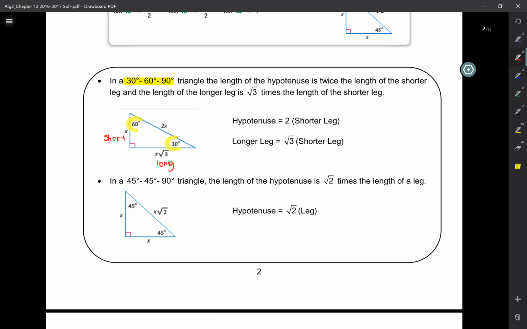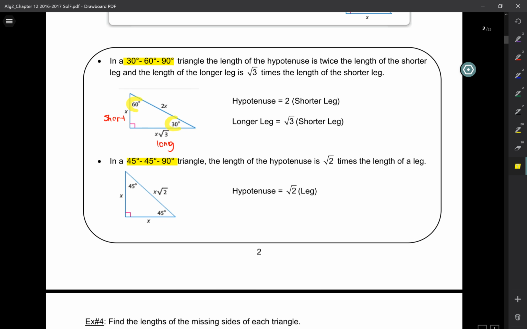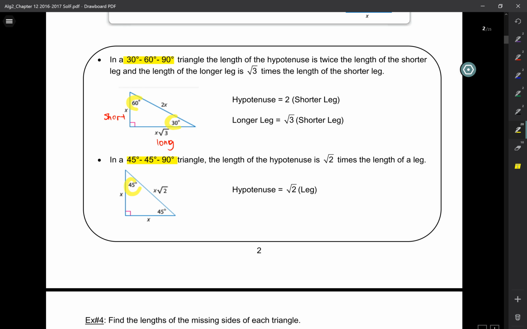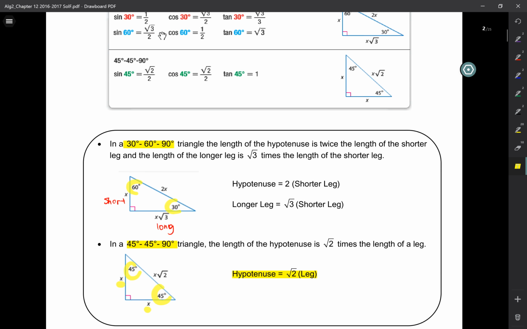Now, for the 45, 45, 90, since the acute angles are equal, you have legs of equal length, and then the hypotenuse is just the leg times √2. If you have any more questions on this, come see me at bonus. But let's go to the algebra 2 part of this now.